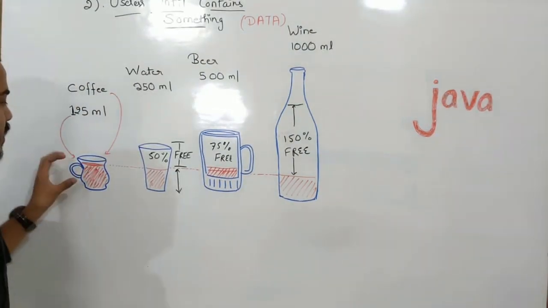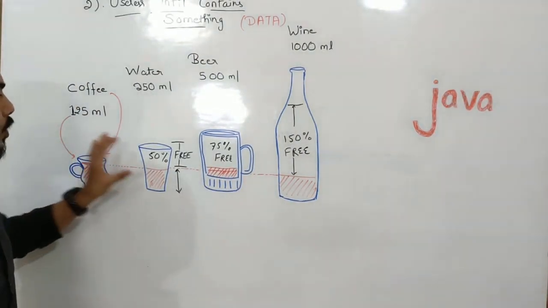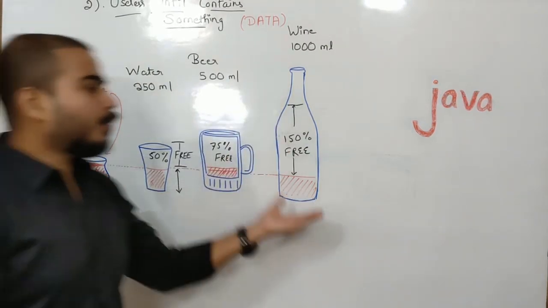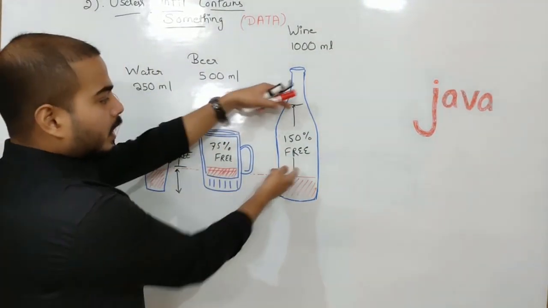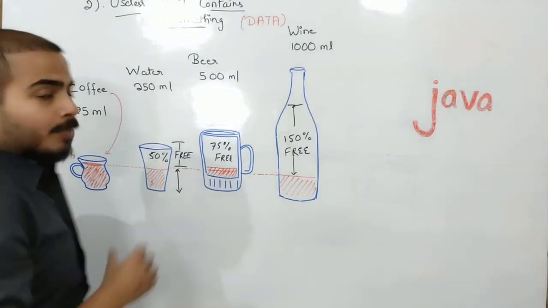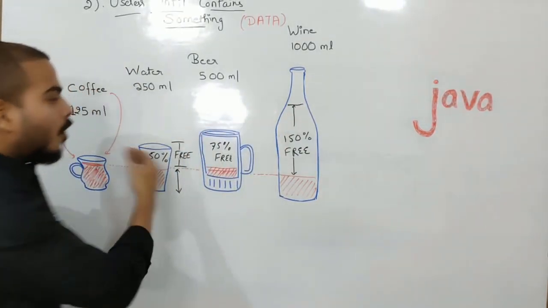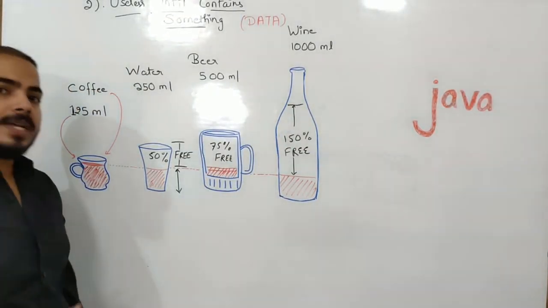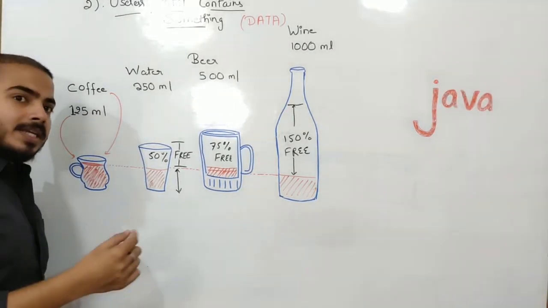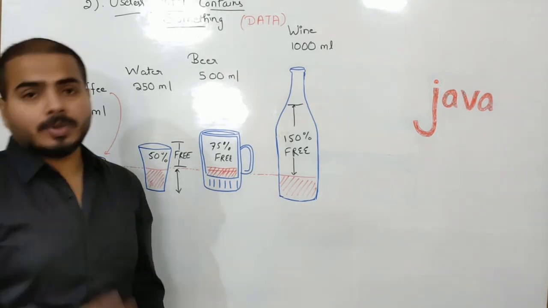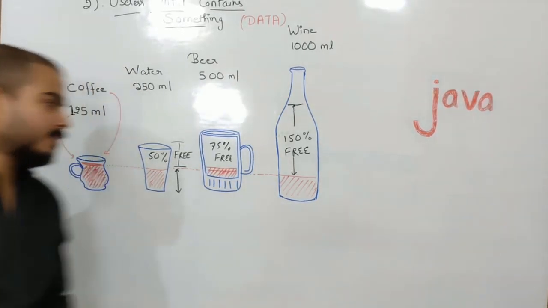The problem is this: if you pour coffee into the water, beer, or wine container, then you're going to waste a lot of capacity because the major portion of the higher capacity container remains free. So you have to choose the container wisely according to the drink that you're going to consume.